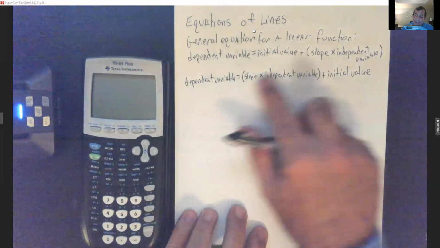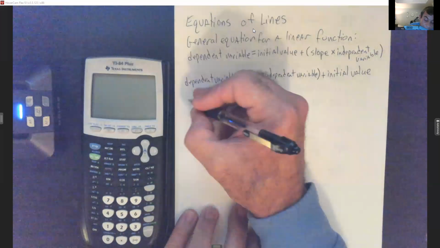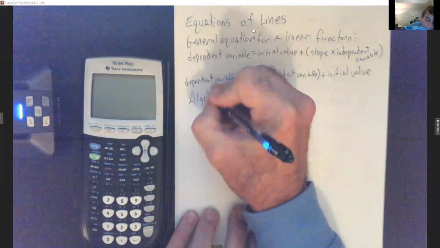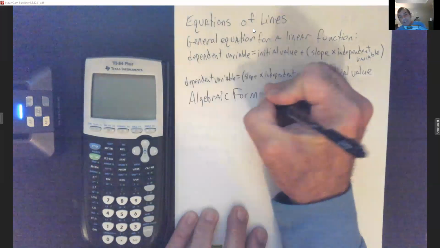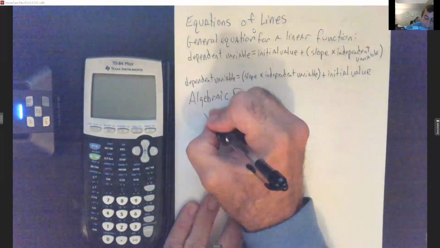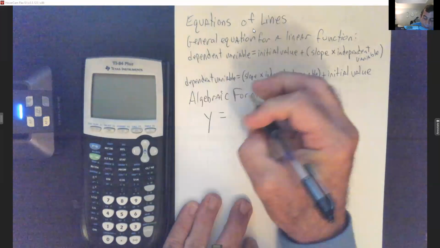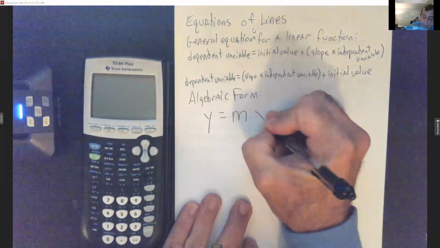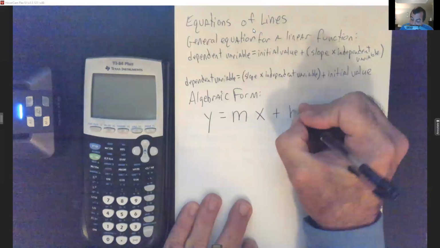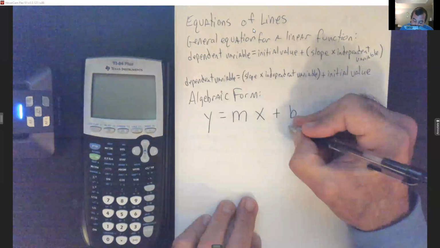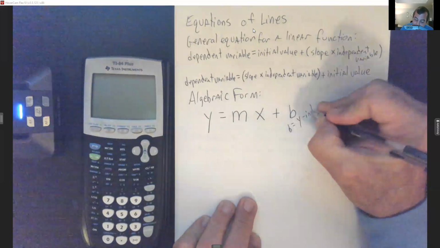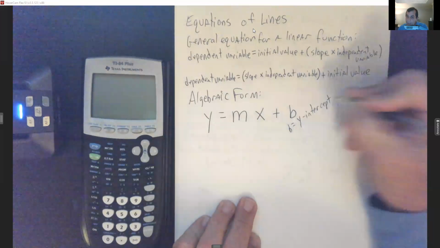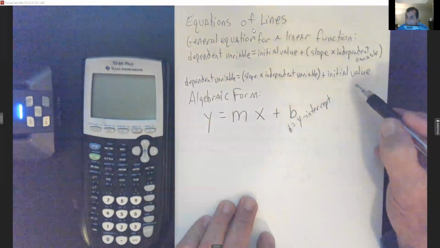So let me write this in algebraic form. And y'all, I showed y'all this the other day in support. The algebraic form of this line is going to be y equals mx plus b. So remember, b is your y-intercept, and your y-intercept is your initial value.